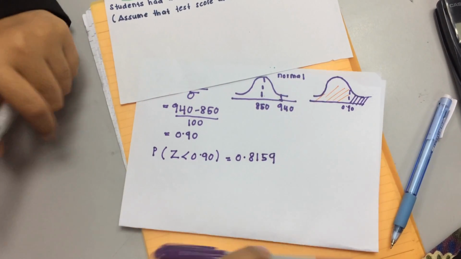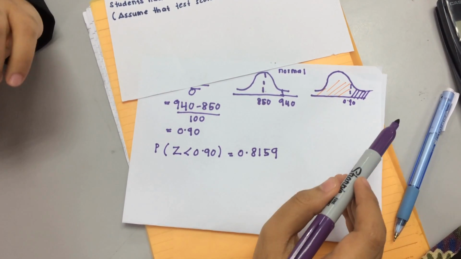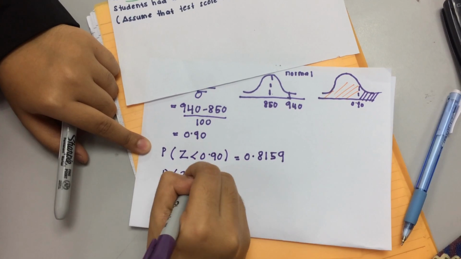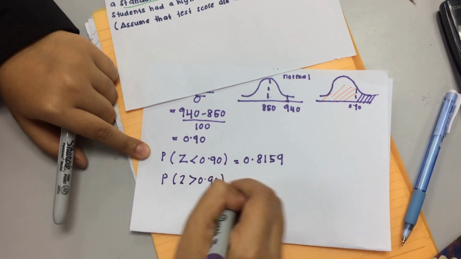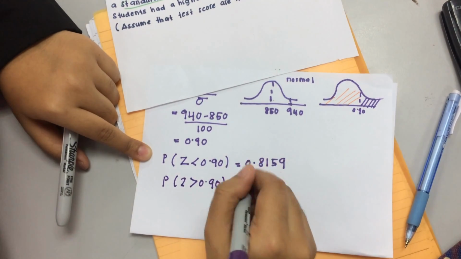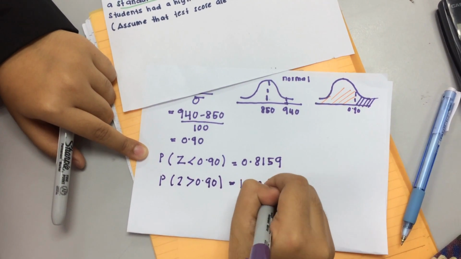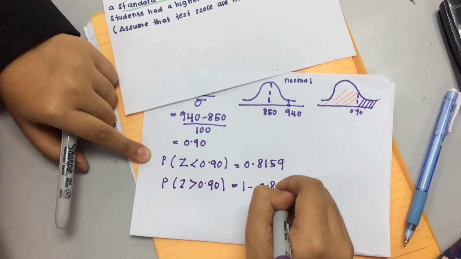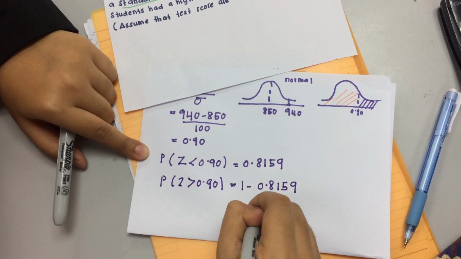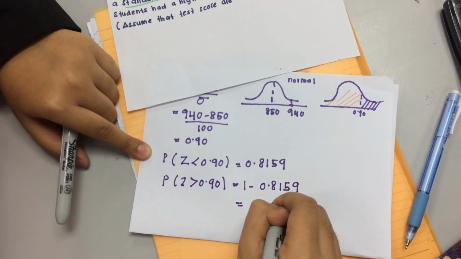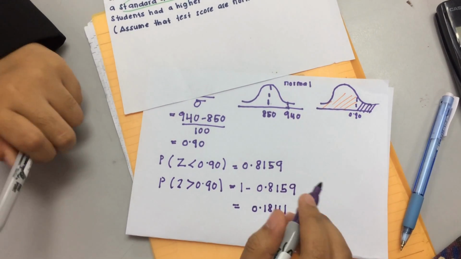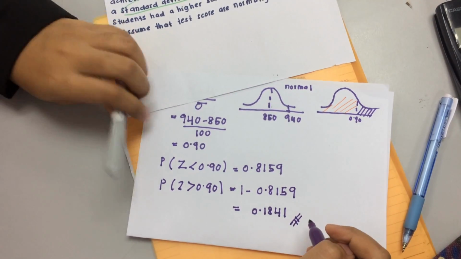Now we want to find the greater than 0.90. The overall area is 1, so 1 minus 0.8159, and we get 0.1841. So this is the answer.